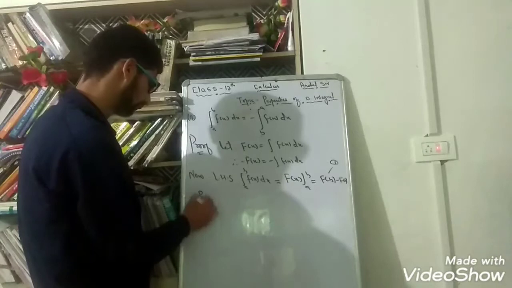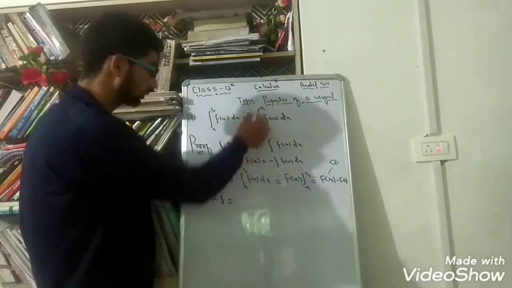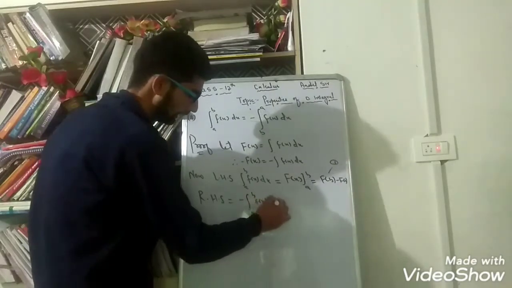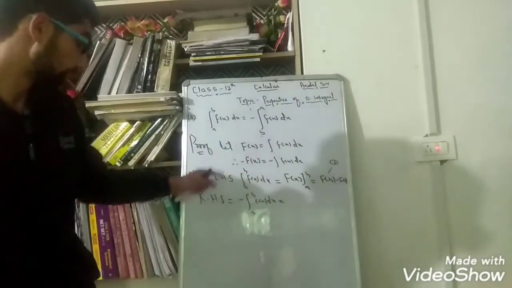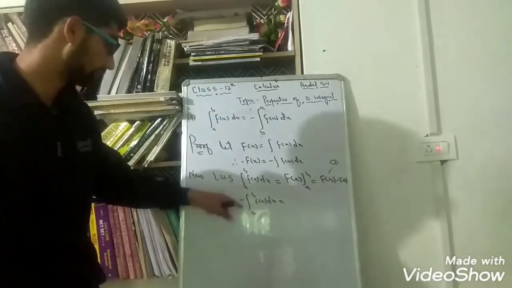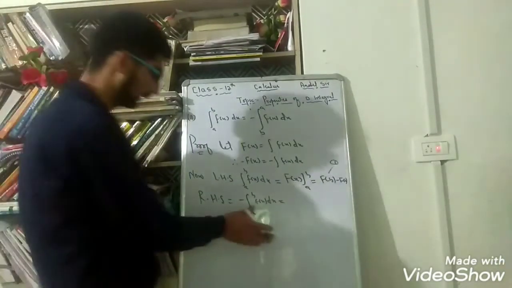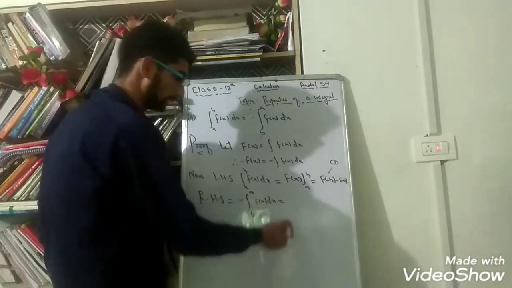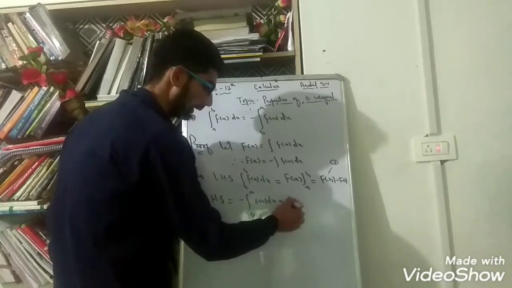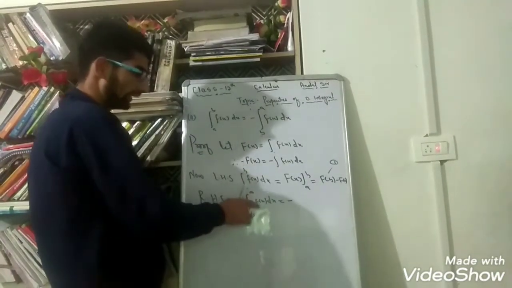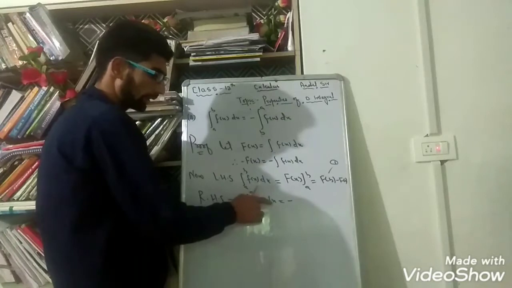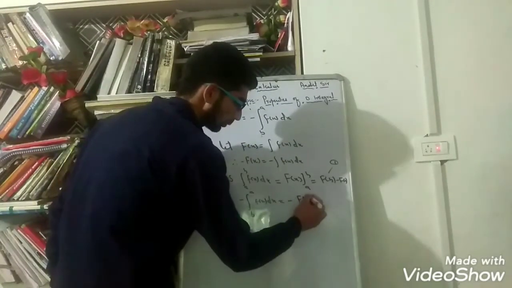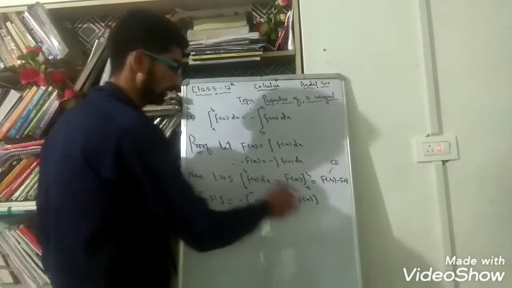Second one, RHS we will get here. RHS we have minus times integral b to a f of x dx. It is equal to minus times the integral of f of x dx. We know that is equal to F of x, so it is minus times F of x over the interval b to a.